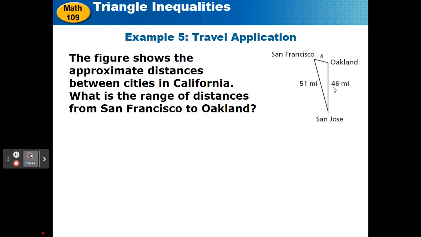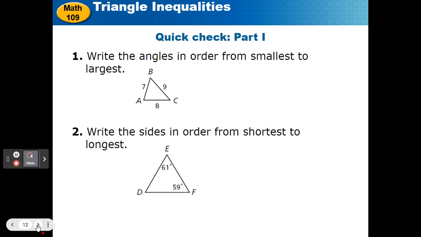Now the range in distances from San Francisco to Oakland has to be at least 5 miles, 51 minus 46, but it could be as far as 97 miles, or a little bit less than 97 miles. So I'll allow you to check that out on your own and figure out what the actual distance is from San Francisco to Oakland, because 5 miles is a much smaller distance than 97 miles.